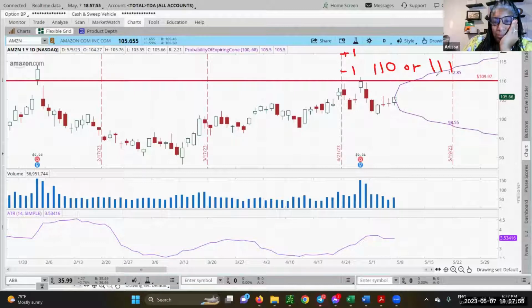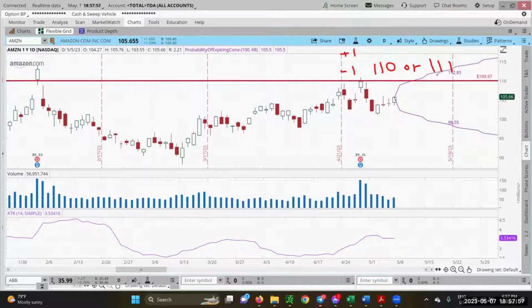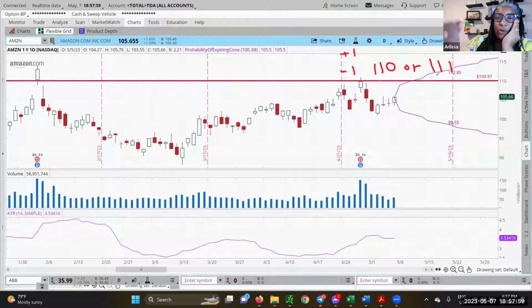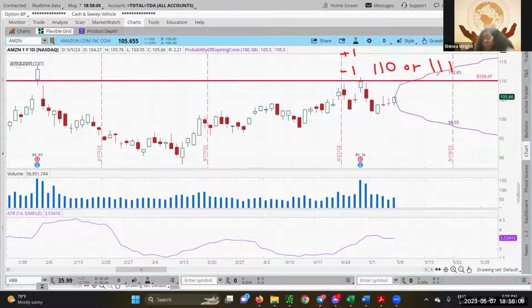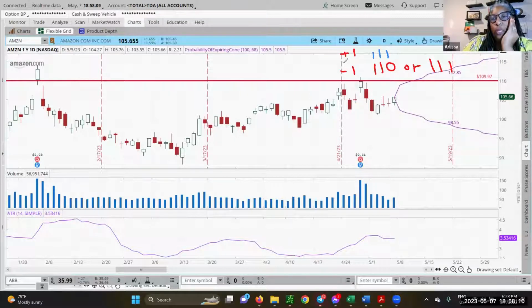So if we did 110, it would have to be 111, because you've got to go up. When you're doing call credit spreads, you got to go up. So if we did 111 here, we could do 112 if we were doing the 111.